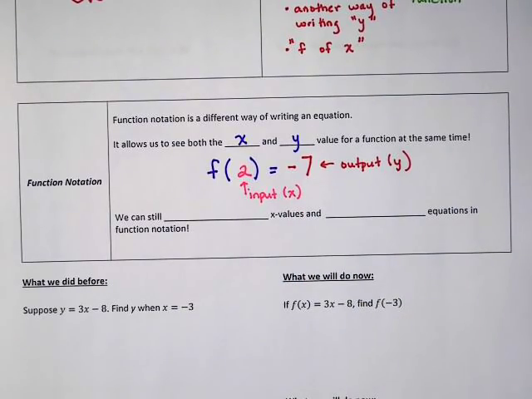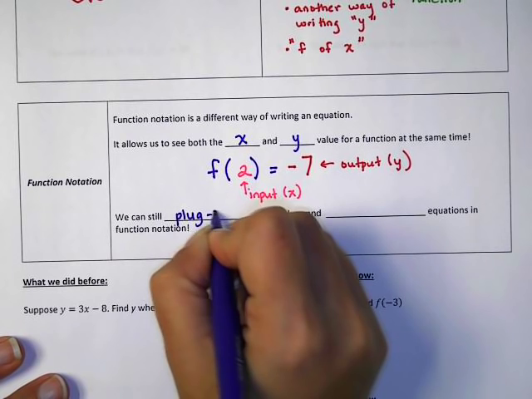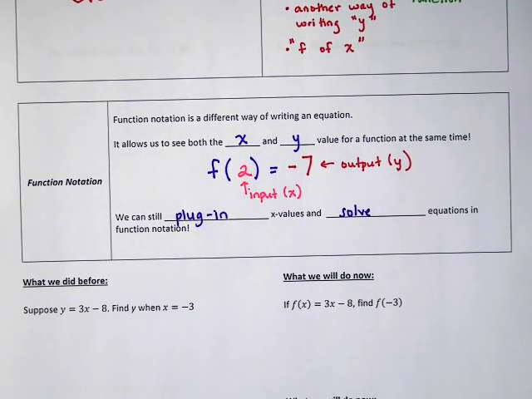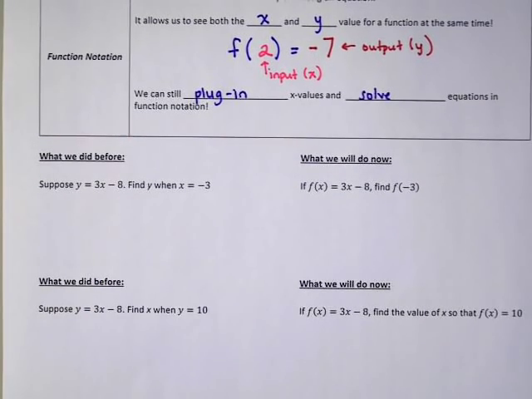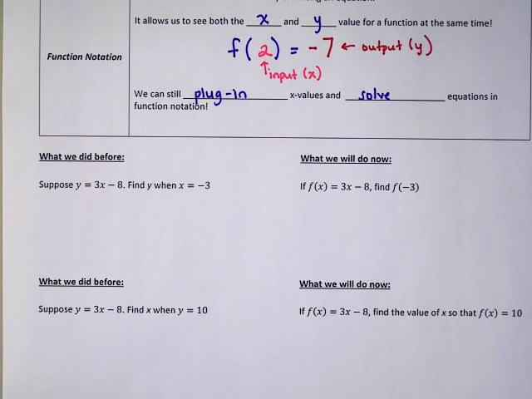We can still do everything that we're used to doing when we're using function notation. We can still plug in x values, and we can still solve equations even when we're writing our work in a slightly different way. So let's take a look at some examples. This is an example of what we've been used to doing, or what we did before, earlier in this chapter or in other chapters.